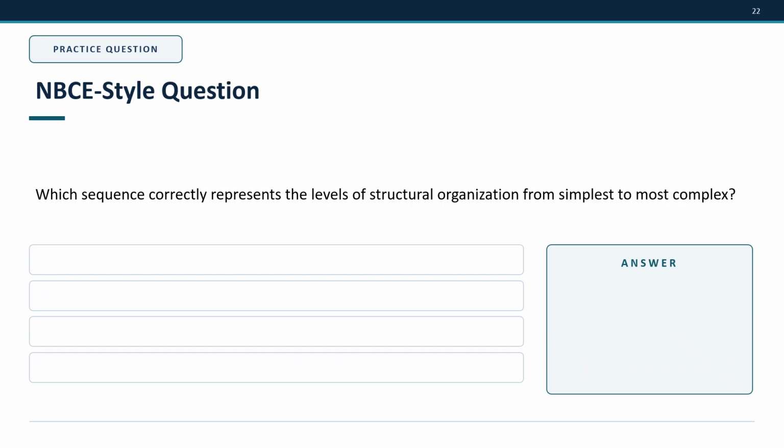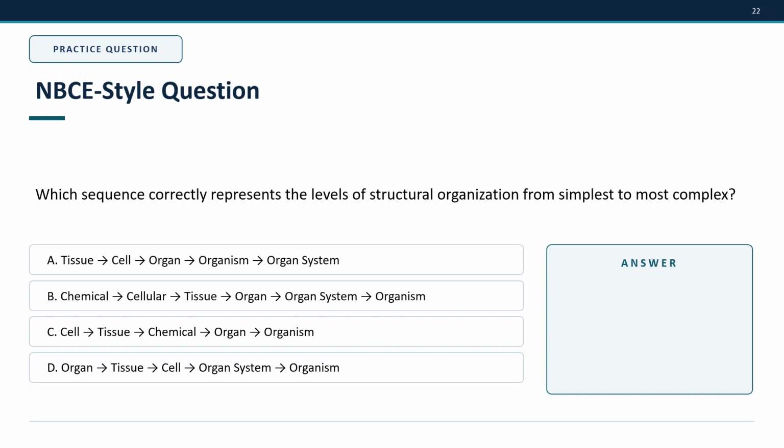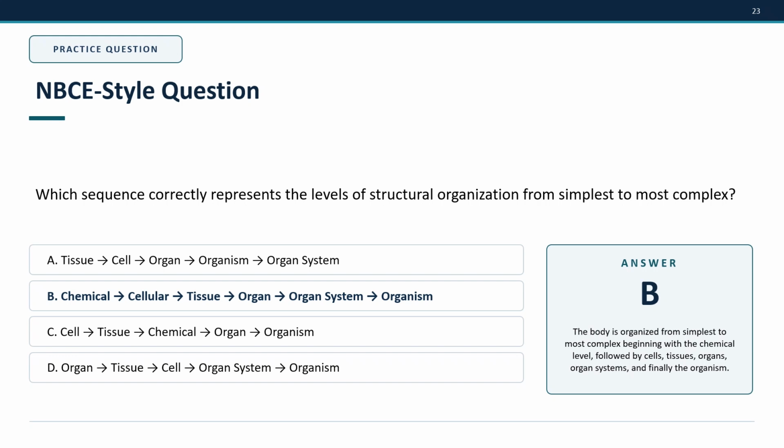Next question, which sequence correctly represents the levels of structural organization from simplest to most complex? So essentially from smallest to largest. Take a minute, look at these. Hopefully you chose answer B. The body is organized from simplest to most complex, beginning with the chemical level and ending with organism, which is the most complex form of structural organization.